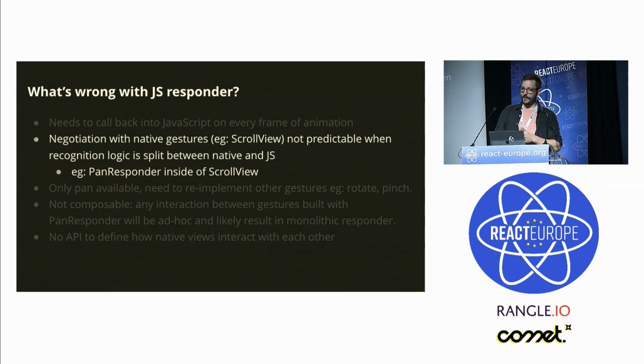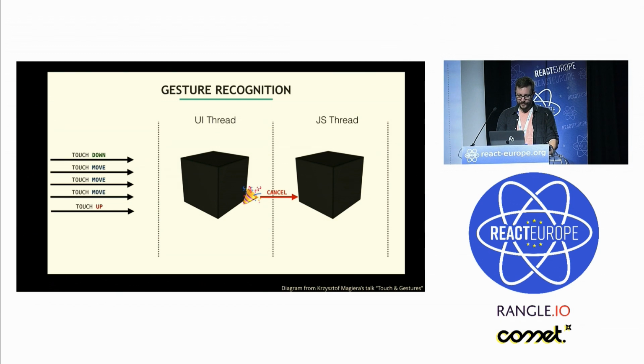And it's possible for something to recognize on the JavaScript thread and on the UI thread. And now you have these two things happening at the same time, and you don't have a good way to negotiate and specify under what conditions one thing should recognize and another thing should not, if they live in these separate places. And we'll look at a concrete example of that.